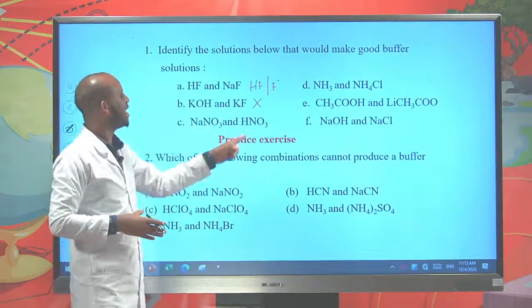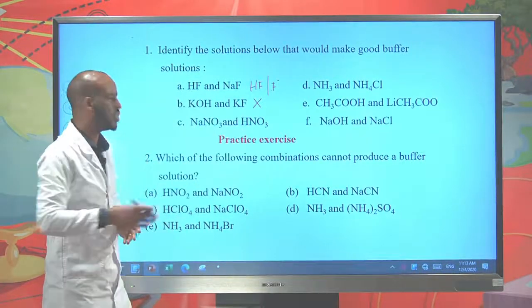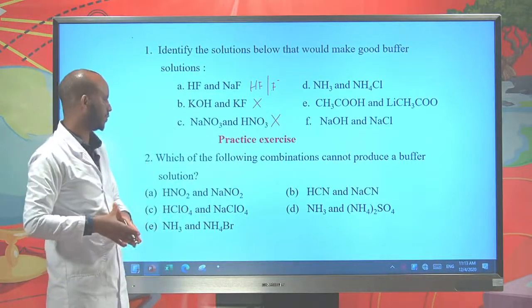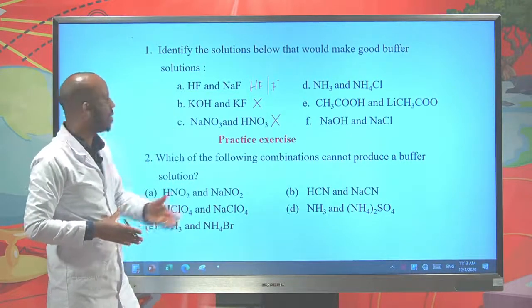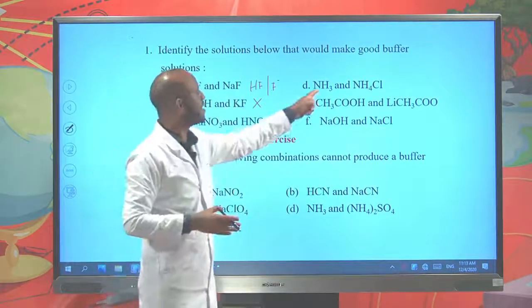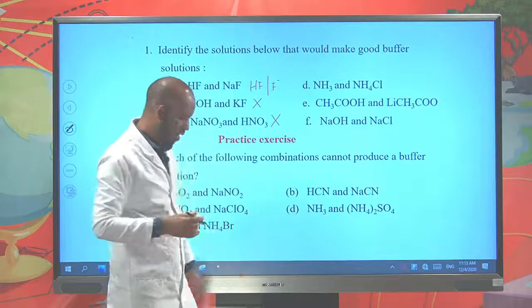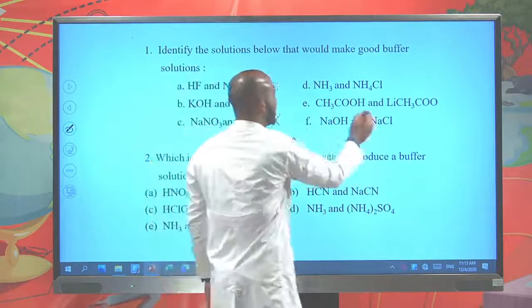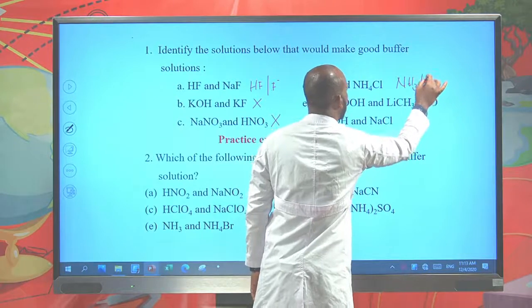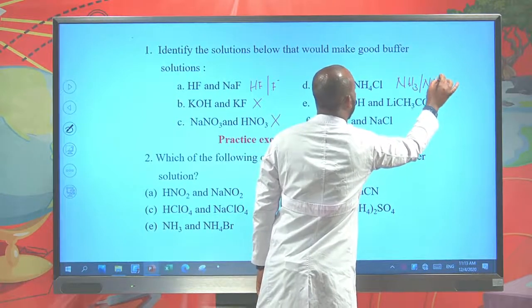Sodium nitrate and nitric acid, this is not a buffer solution because nitric acid is a strong acid. Ammonia and ammonium chloride, now this is a basic buffer solution. Why? Because this solution contains a weak base, ammonia, and its conjugate acid, NH4 plus.